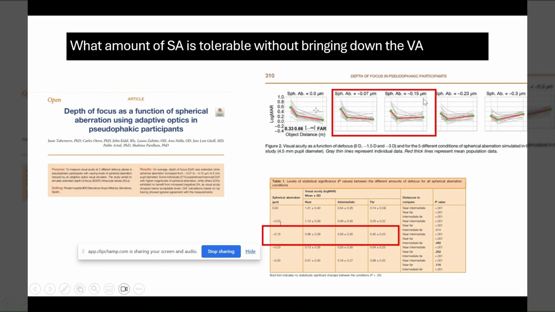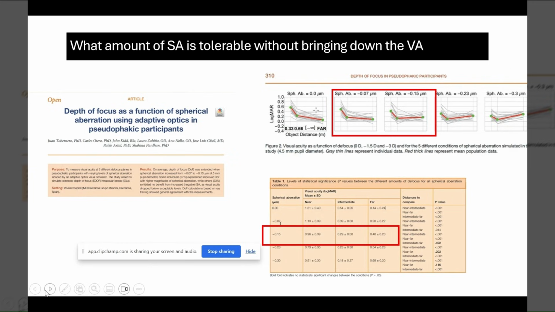That's the most that the human eye can tolerate. If lenses add more spherical aberration beyond this, then distance visual acuity will probably be compromised. So you gain depth of focus, true, but you start having a drop in visual acuity for far focus. That's what Juen explains here.